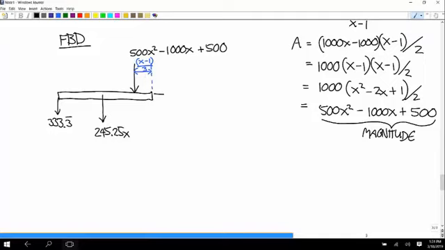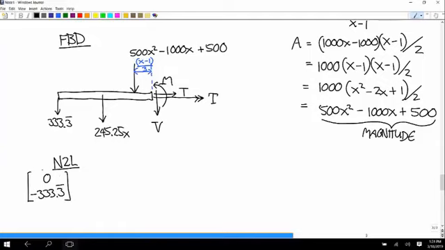And then we have the internal loads. Okay, so Newton's second law says 0, -333.3 repeating, plus 0, -245.25x, plus 0, and then here's what I was saying about this being a magnitude.